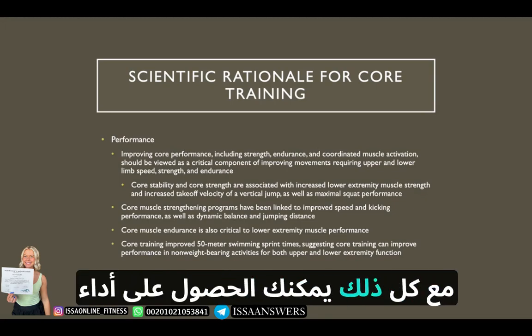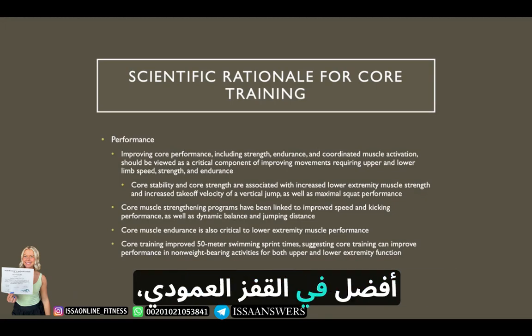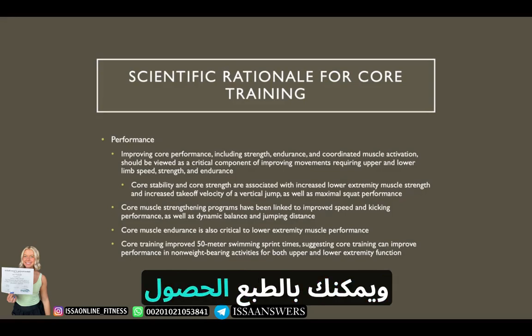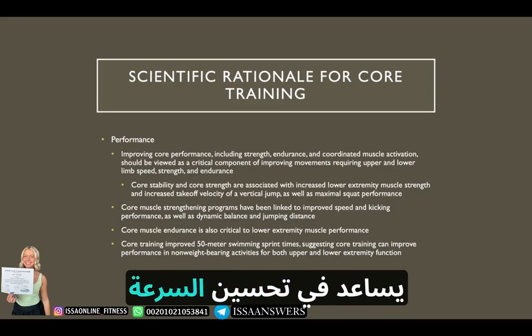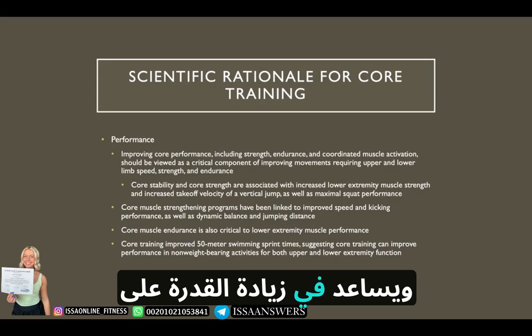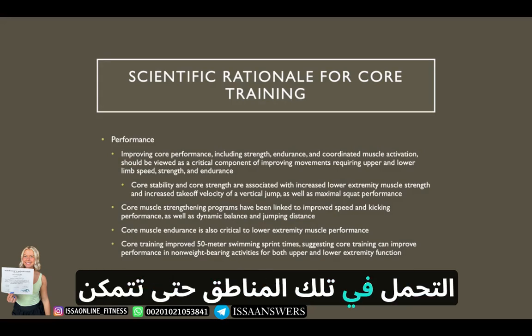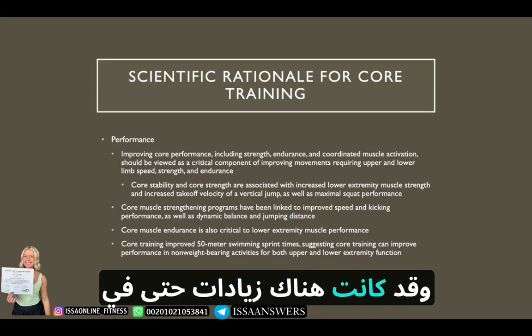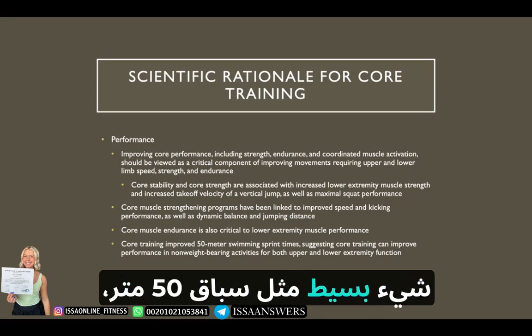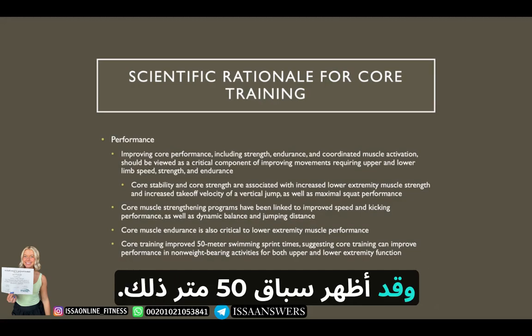All right, so with all of that, you can have better vertical jump performance. You can have, obviously, jumping distance. It helps with speed and kicking performance. It helps with endurance for those areas, so you can constantly repeat those motions. And there have been increases in even something as simple as a 50-meter sprint.